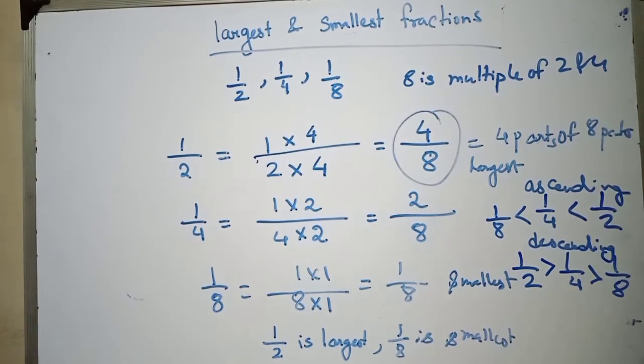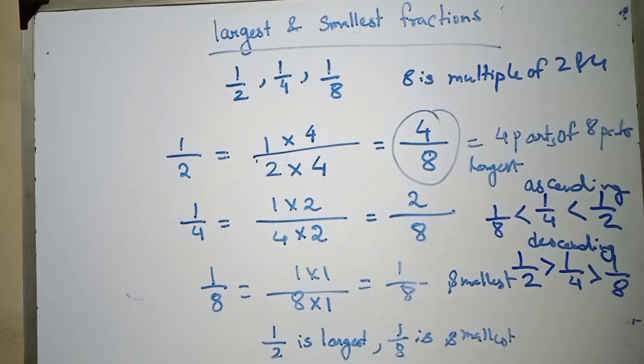They can give you this sum in a different way. Now, if we don't have numbers which are multiples of each other, then we have to use another method, which is a little different.